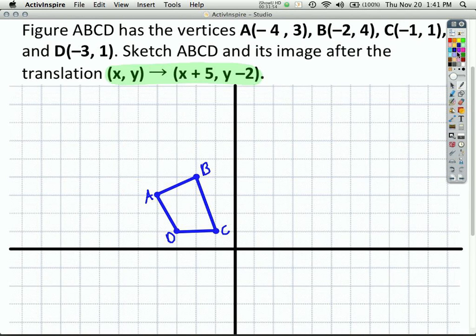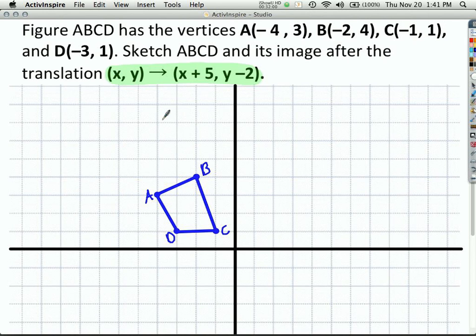So what we do is we take each ordered pair, plug it into this rule, and get a new ordered pair, and that becomes part of the new image. So, let's start with A. A is -4, 3. That's going to transform by using this rule.